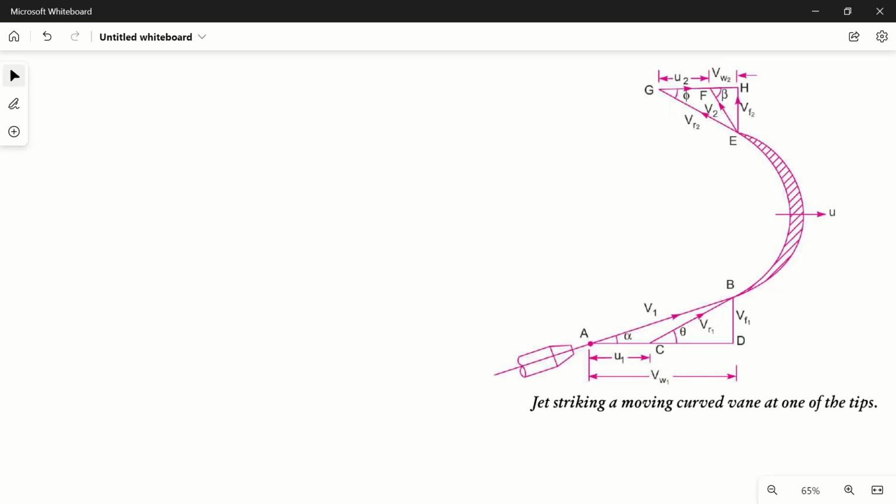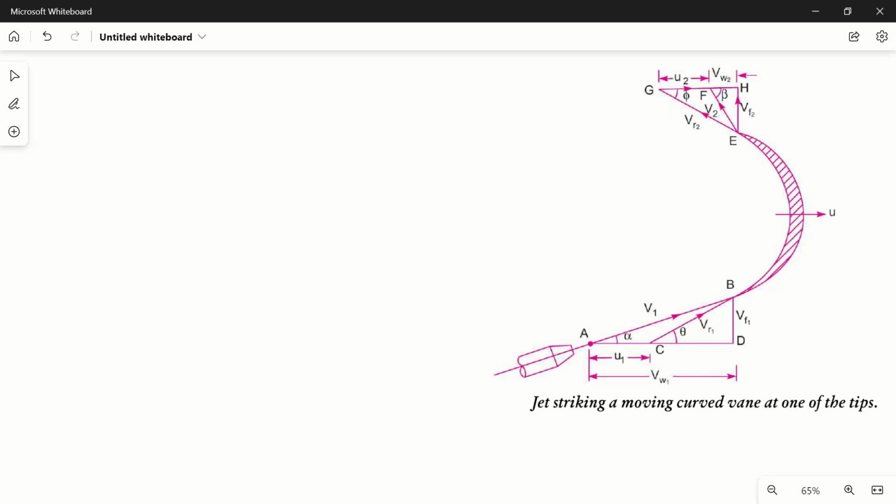These two triangles are also called velocity triangles at inlet and outlet. So let's see the various parameters. This is alpha. Alpha is the angle with which this jet is striking this blade with absolute velocity.